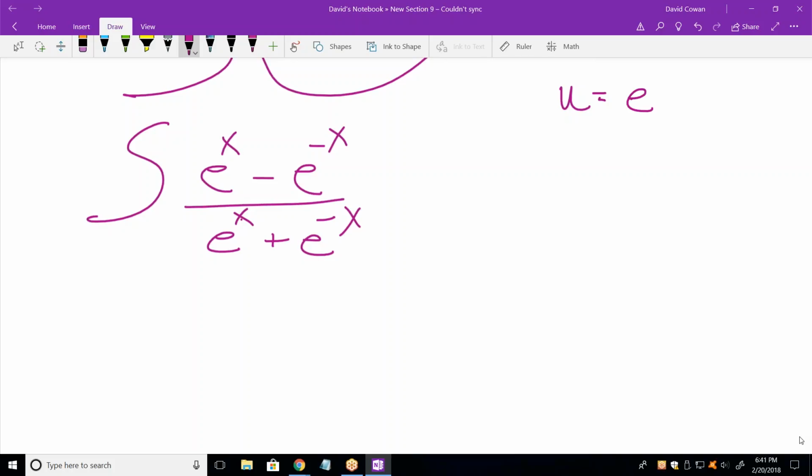And instantly, I can see that the derivative of this thing is my numerator. That's good, right? In other words, du dx is e to the x minus e to the minus x.